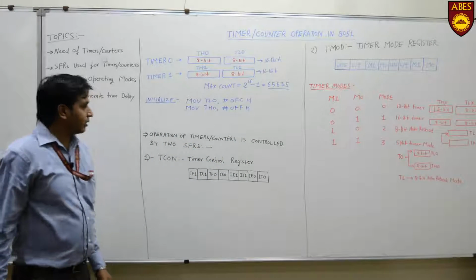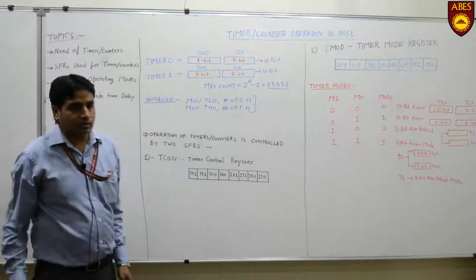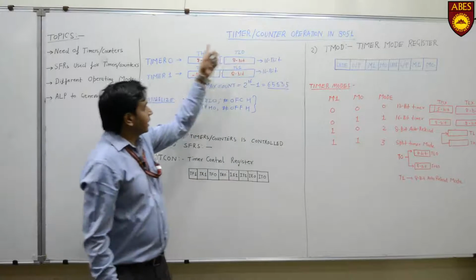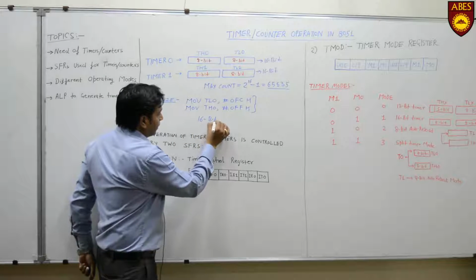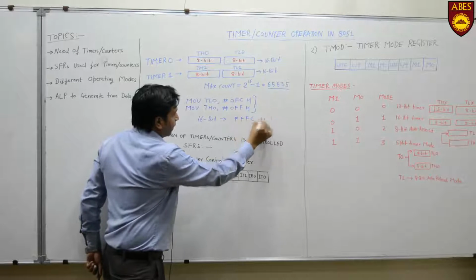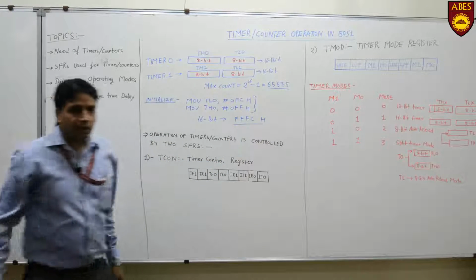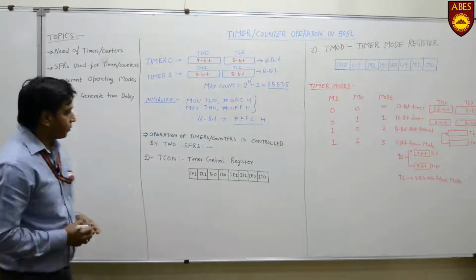So in this case we have loaded both these registers for timer 0, the lower order register as well as the higher order register, and the combined 16-bit word that I have loaded is FFFC in hexadecimal. Similarly, we can load the timer 1 registers according to our requirements.